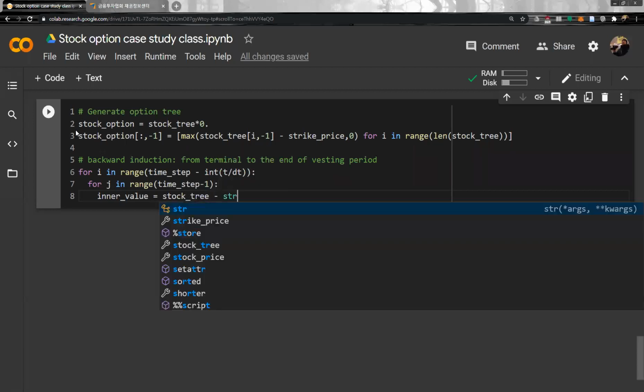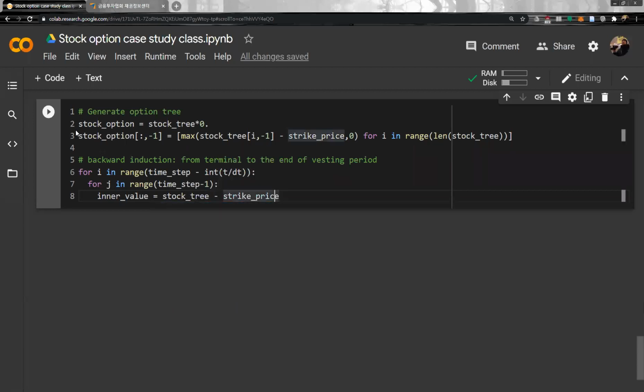Then it is a stock tree minus strike price. But of course, in the stock tree, we have to find the right location. So of course, the first one is J, and then the second one is the time of the I, right?